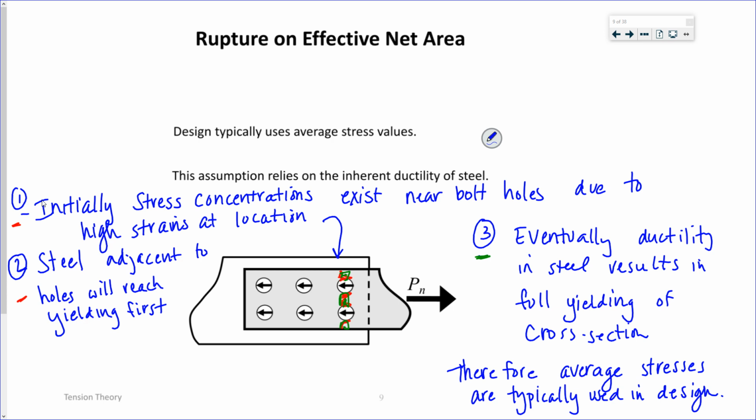That's why we get to use our average stresses, because that ductility allows everything to catch up. But how long does it take for it to catch up? Is the question.